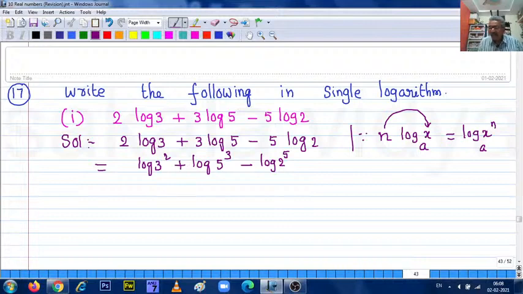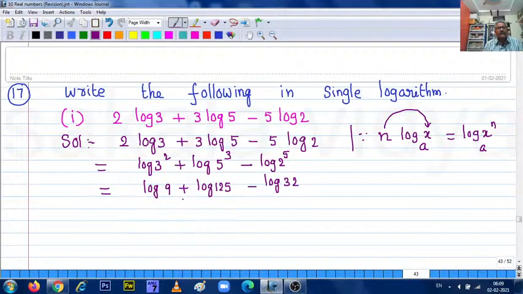Vijaya Swarupini, are you there? Right. This equals log 3 square is log 9, plus 5 cube is 5 into 5 into 5, 125, log of 125, minus log 2 power 5. 2 power 5 is 2 multiplied 5 times, that is 32.